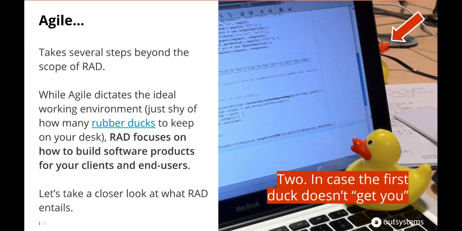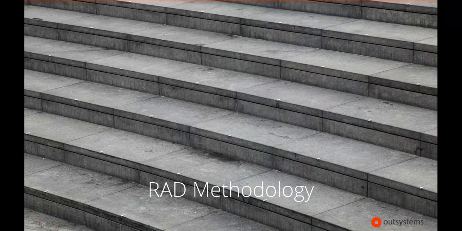So Agile, I would say, takes several steps beyond the scope of RAD. While Agile dictates the ideal working environment, just short of how many rubber ducks you should have on your desk, the answer is 2. RAD focuses on just the process of building the software and lets you fill the gaps in yourself for everything else. So let's take a closer look at the RAD methodology.